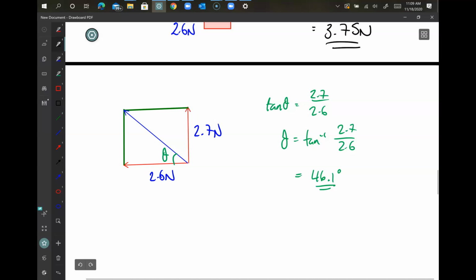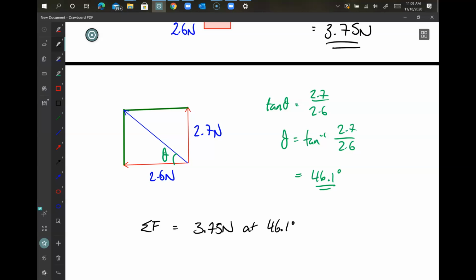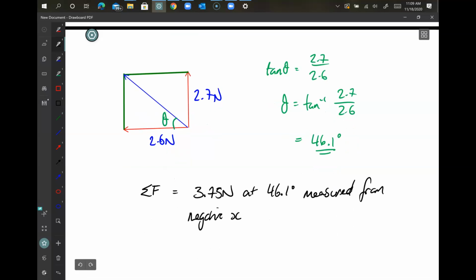And then finally, if we needed to describe that to somebody, where did we measure it from? So our final answer would be the net force is equal to 3.75 newtons at 46.1 degrees from where? Well, in this case, we're measuring it from negative x. And one more problem, 46.1 degrees from negative x.